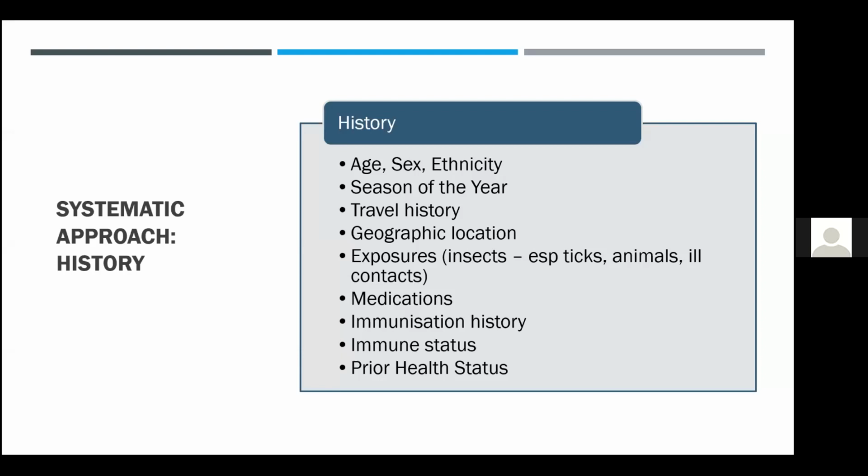And you want to know about travel history, something like chikungunya or dengue fever. And you want to know about ticks. And ticks can be hidden in hairlines or between the toes. Immunization history is very important. Measles immunization is very effective and should prevent measles infection. And you want to know about prior infections as well.